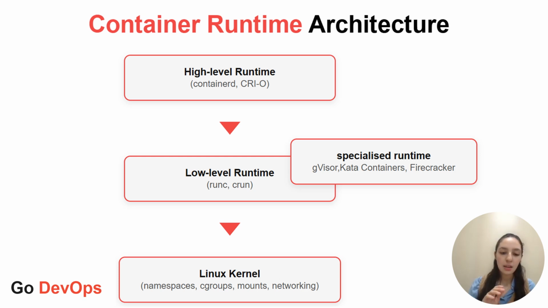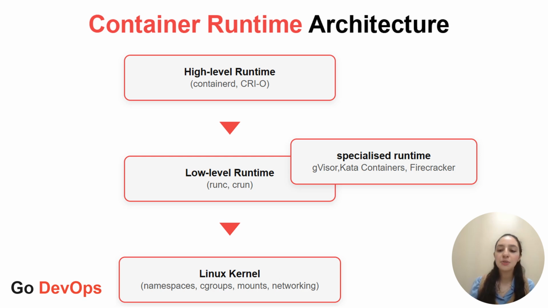Then at the bottom of the stack, we have the Linux kernel, and this is where the actual mechanisms that make containers possible live. So we have the process isolation, the resource control, the networking, and security hooks. The runtimes don't reinvent these.